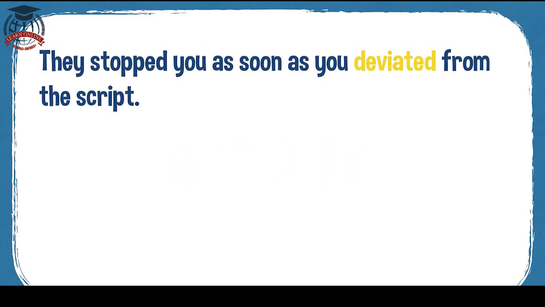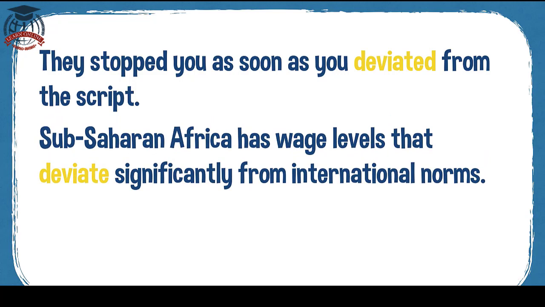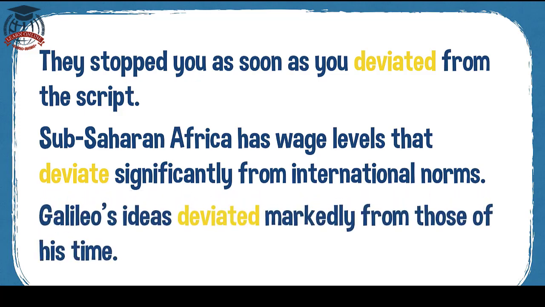Deviate. If you deviate from something, you start doing something differently or unplanned, and especially in a way that causes problems for others. In the middle of the word deviate is via, which is a Latin word which means way. So if you deviate, it means you go from the way, you leave the way. So if you deviate, you go from the normal way of doing things. They stopped you as soon as you deviated from the script. Sub-Saharan Africa has wage levels that deviate significantly from international norms. So it's not normal.